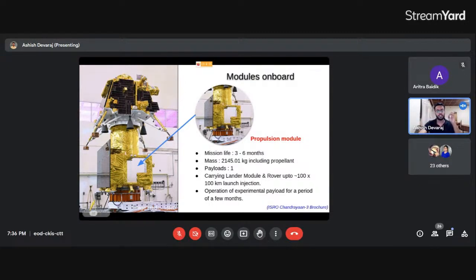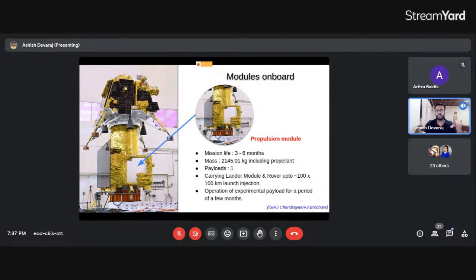Since Chandrayaan 2 is already active and still taking measurements, we don't have to send the same instruments again. That's why this time we did not have any instruments on the propulsion module. And we had a very interesting instrument, called the SHAPE payload, which I'll come to later in the slides.